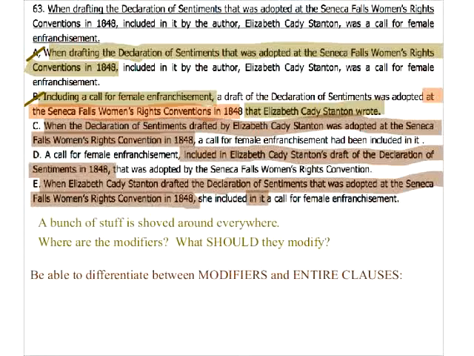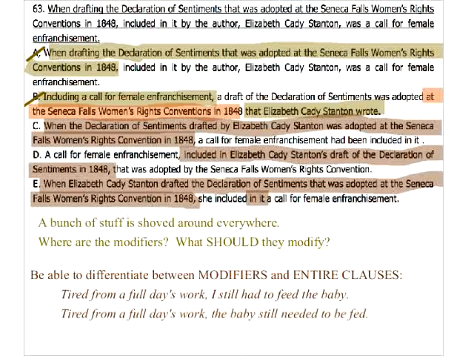So for example, if you say, tired from a full day's work, I still had to feed the baby. Tired from a full day's work, the baby still needed to be fed.